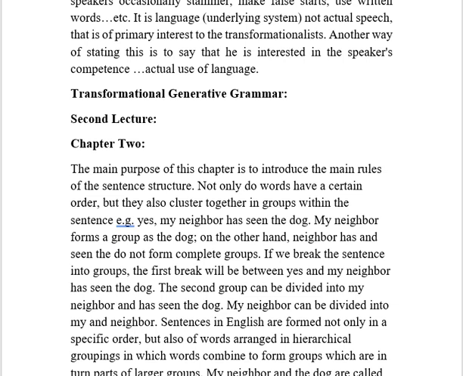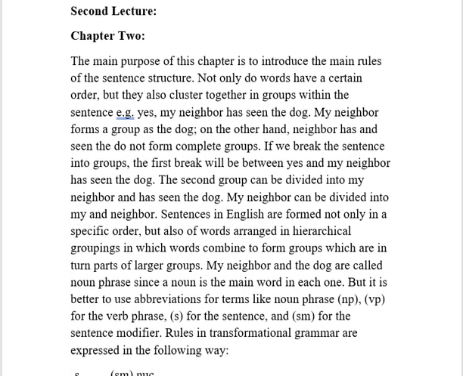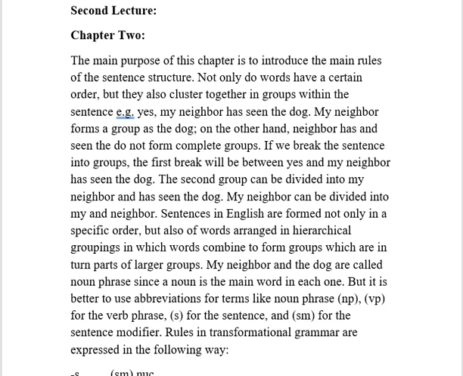Also in the second lecture in chapter 2, we knew the main purpose of this chapter is to introduce the main rules of the sentences. We spoke about some rules.